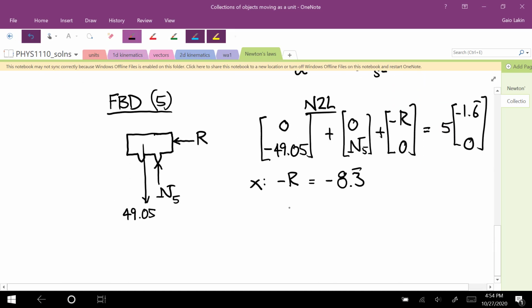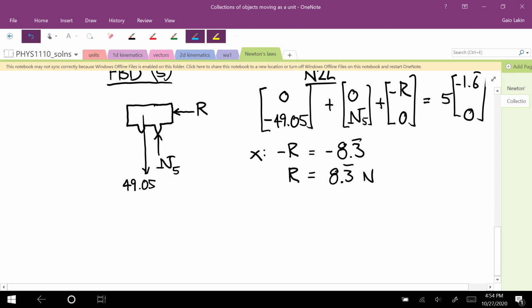And so what we get is that this variable R is equal to 8.3 repeating newtons. That vector that's shown in the free body diagram is the force on the 5 by the 10.